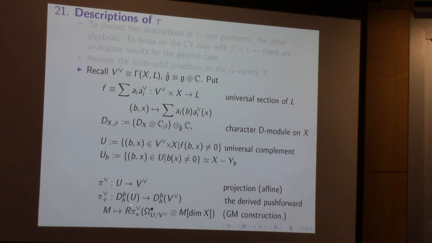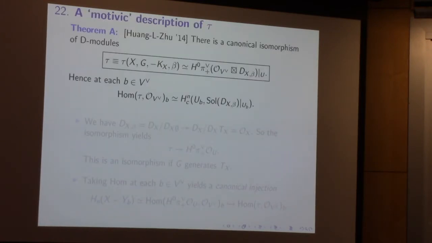I call it derived push forward pi lower plus check. This is just given by the usual Gauss-Manin connection. It's given by this derived push forward.